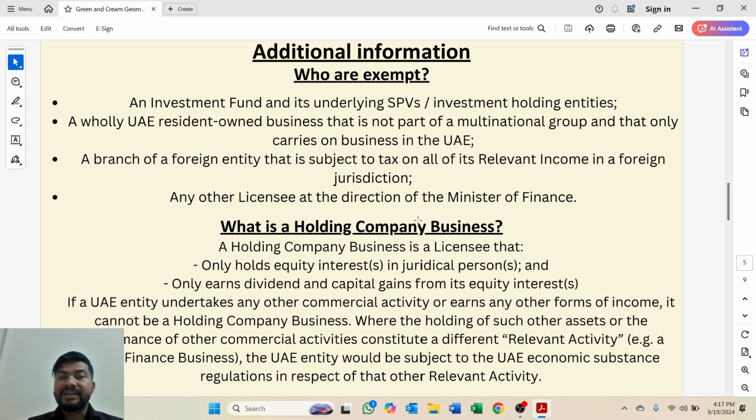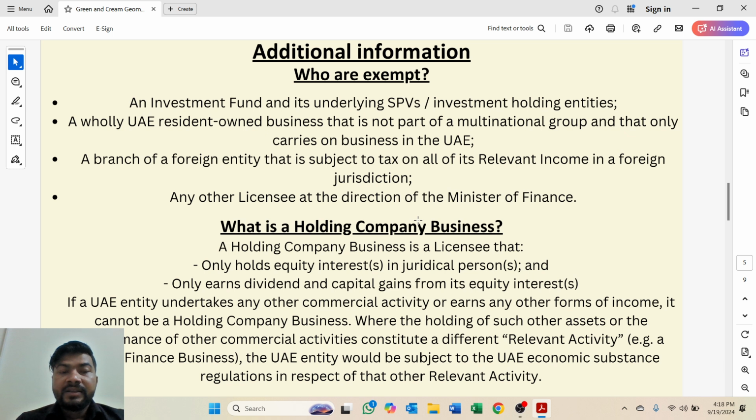One thing to note here is that suppose that UAE entity undertakes any other commercial activities and earns income from such activities. In that case, this company will not be considered a holding company business where the holding of such other assets or activities constitutes relevant activities, which I discussed.